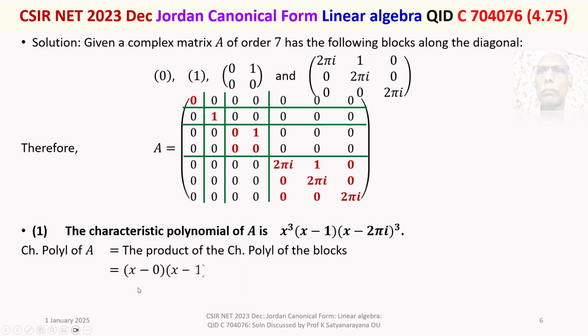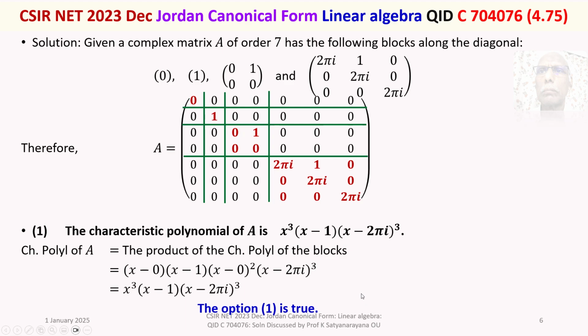So that is x minus 0 into x minus 1 into x minus 0 whole square into x minus 2 pi i whole cube, and that is x cube into x minus 1 into x minus 2 pi i whole cube, which is precisely the polynomial given in option 1. Therefore, option 1 is true.